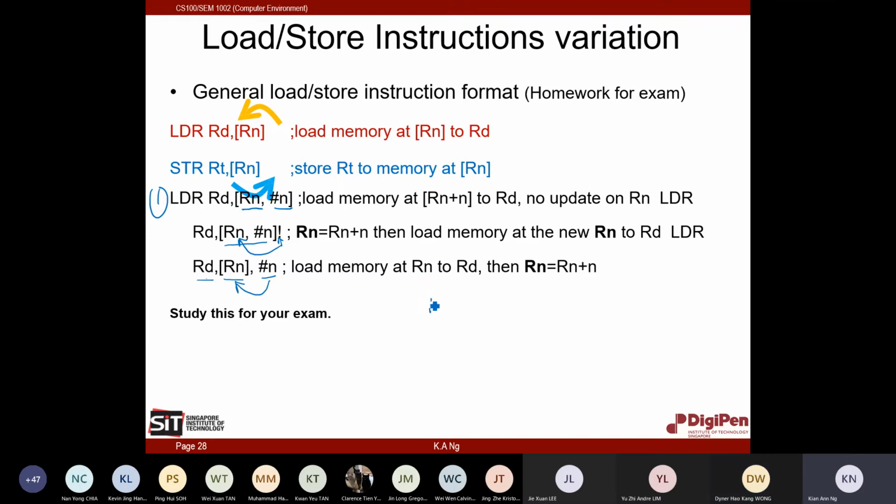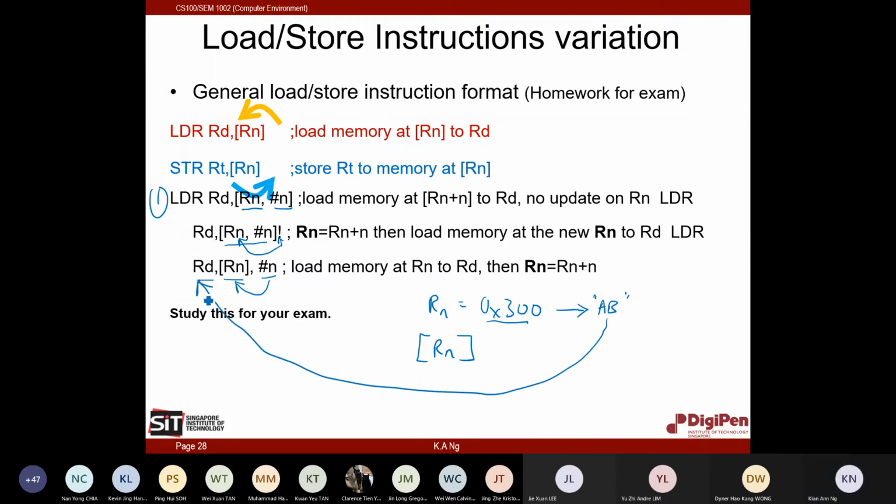Let's say your Rn refers to an address, say 0x300. So suppose your Rn at 0x300 stores a value, say AB, for example. You will first load AB into Rd. You first load it first, all right?